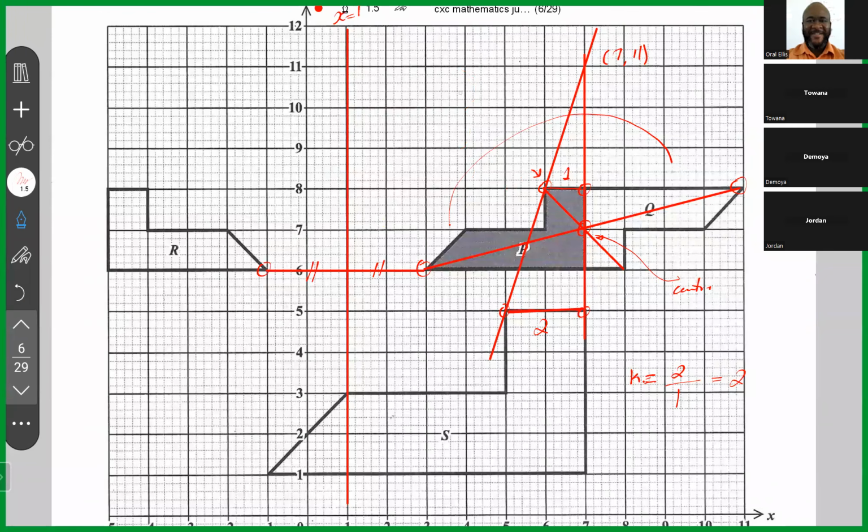So it's going to move to 4, 11, which is here. Now, all I will simply do is redraw the shape. I just move 1 point and I'm going to redraw the shape.